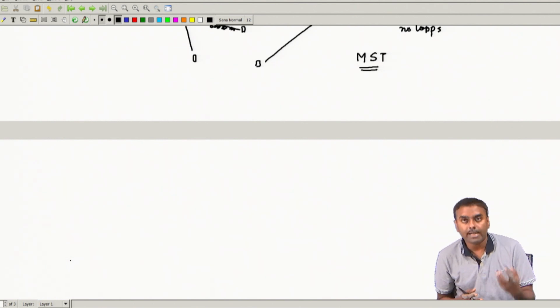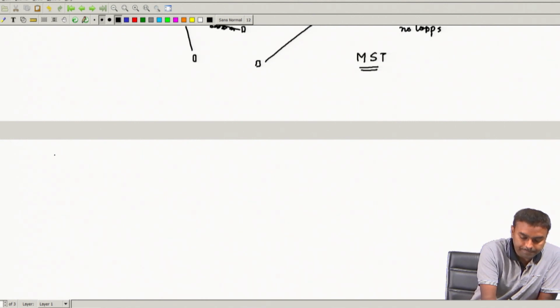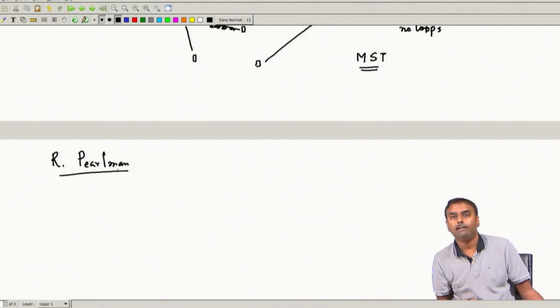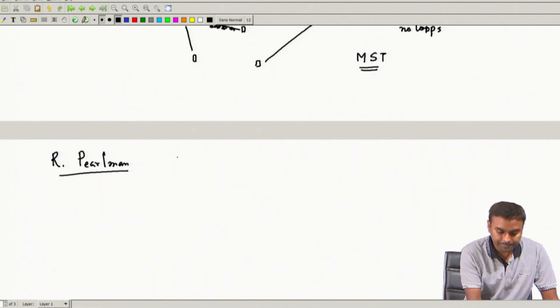So, it comes from that particular viewpoint, and this was devised by Radia Perlman. And you can find it in her book only, the book I am following. So, it is called Interconnection.